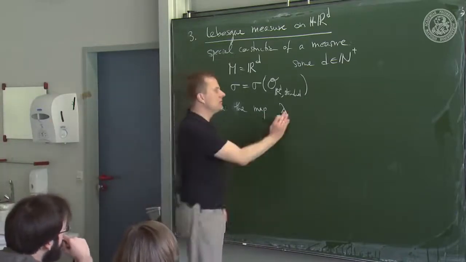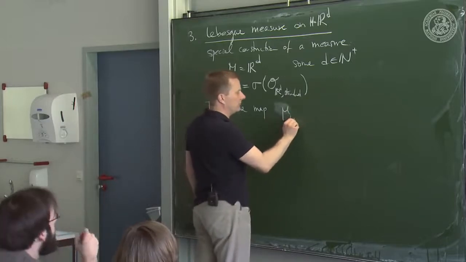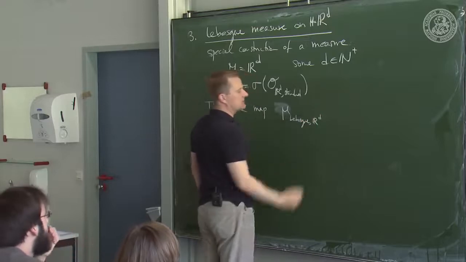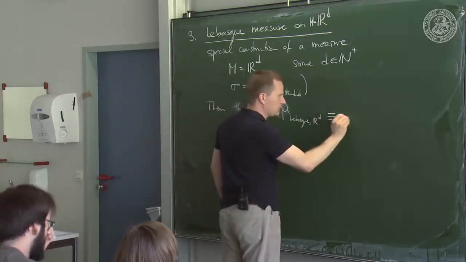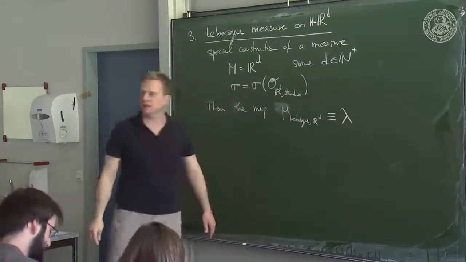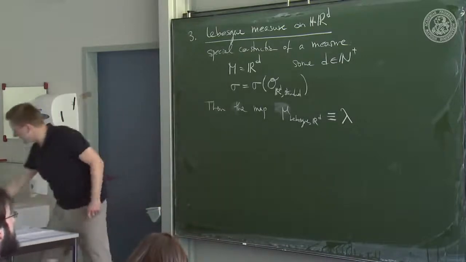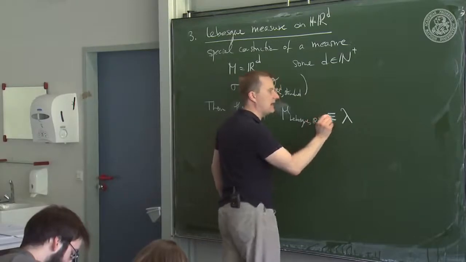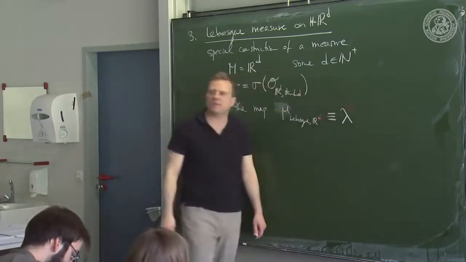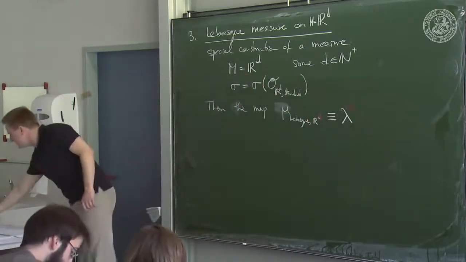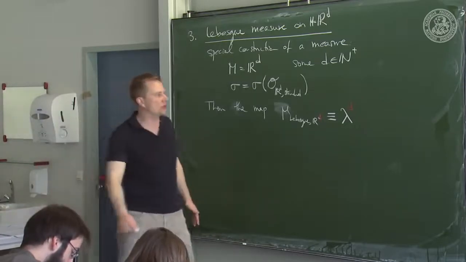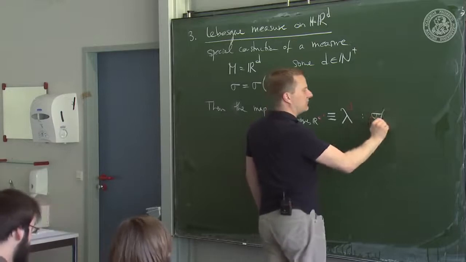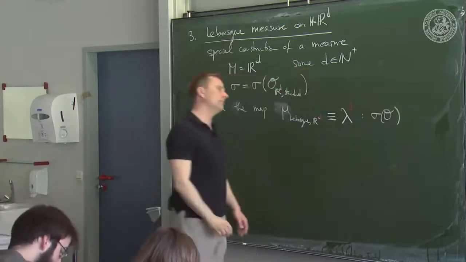I could write mu Lebesgue, R^D and so on. But this will be generally called lambda. And sometimes if you wish to emphasize that you're on R^D rather than R, you also write lambda up D, but it doesn't mean the measure to the Dth power. It's just the name for the measure.